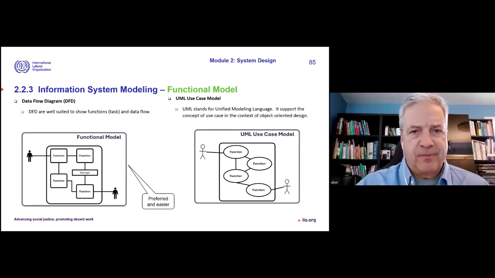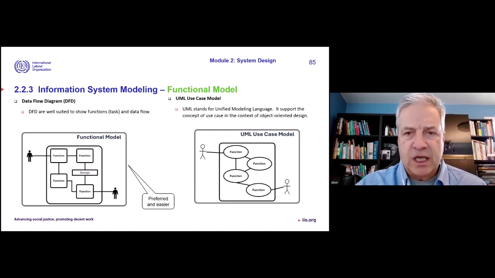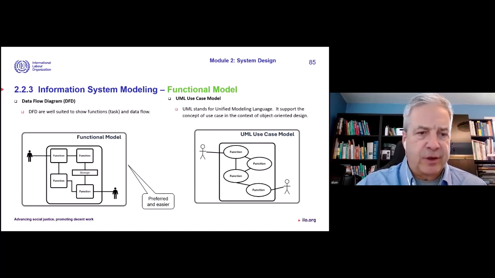Information system modeling, functional model. So we have two types of formalisms, two types of model we can use. We have the functional model itself, which is quite an old type of modeling technique. It's over 50 years old. And we have the UML use case model, which is more contemporary, 25 years old.